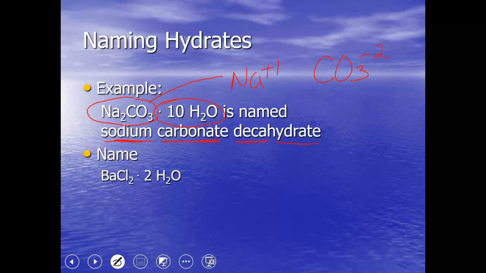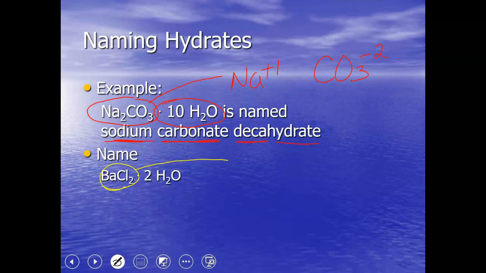So here's another one for you to do. I'd like you to pause this presentation and see if you can provide the name for that. Once you've tried that, then you can restart and see how you did. So hopefully you paused it and you did practice this. Here's the ionic compound.